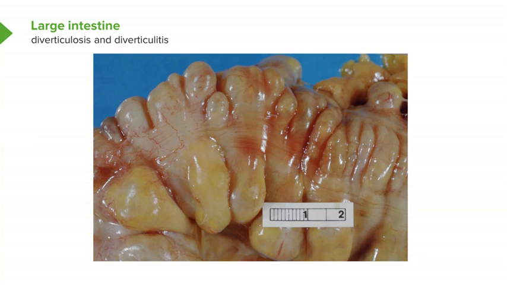This is a picture of an actual piece of large intestine, which has a series of little pouches, and these are unusual. On this diagram we've got a tenia coli here, and we can make out some little bulging pouches, and these are called diverticula.